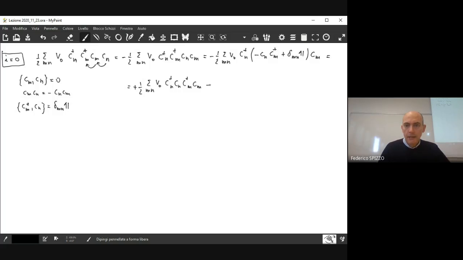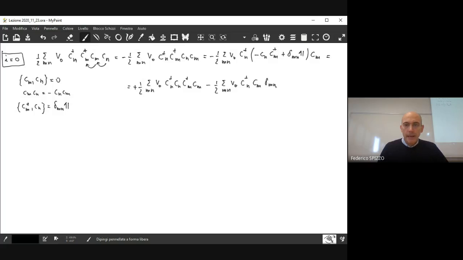This is the first term. Then we have minus 1/2 sum over m and n of V0 C cross n Cm and delta mn.